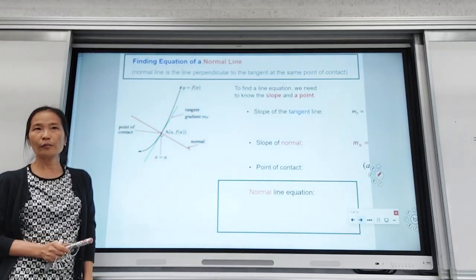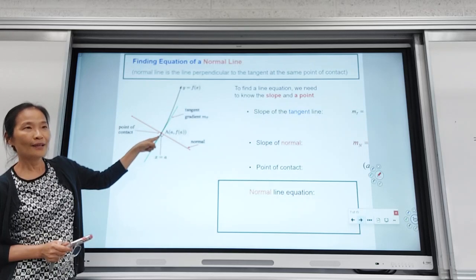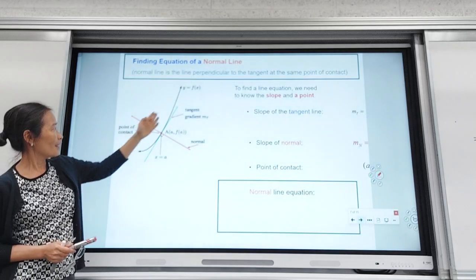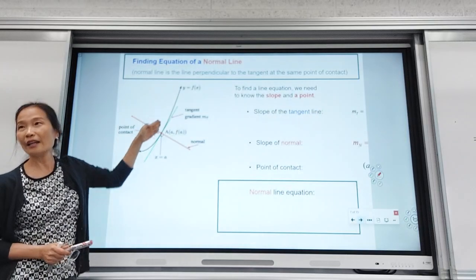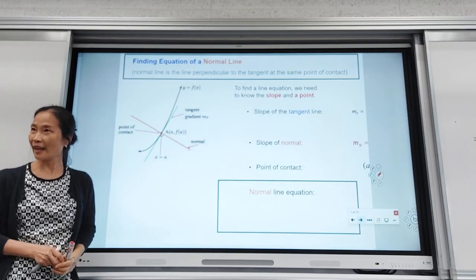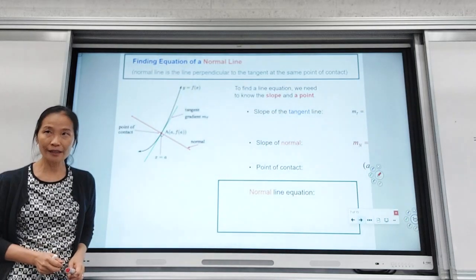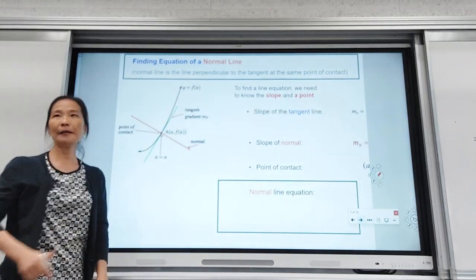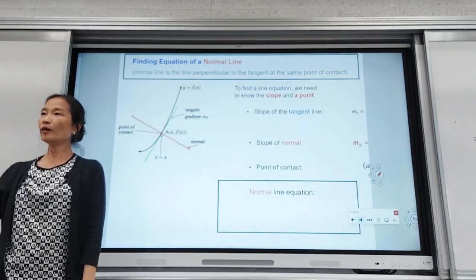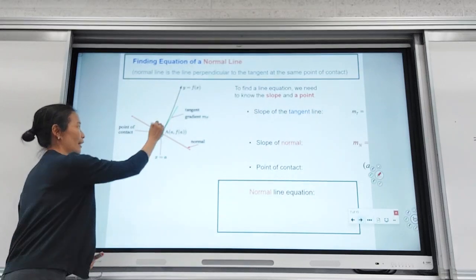Orange is the normal line at A. How does that correspond to the tangent line? What does it look like? They are perpendicular. So the line of tangent at A is this green line, right? The line of normal at A is a line perpendicular to the tangent at A.